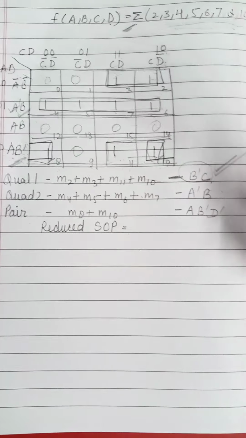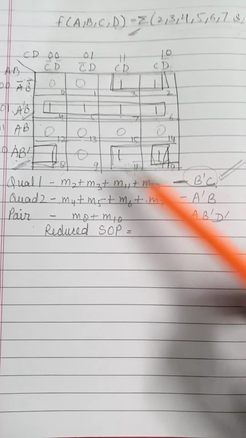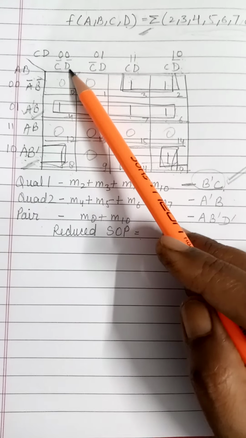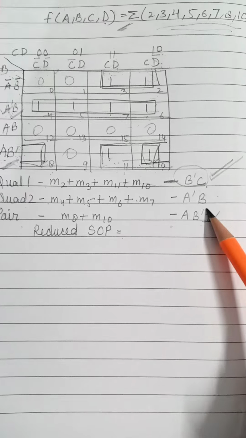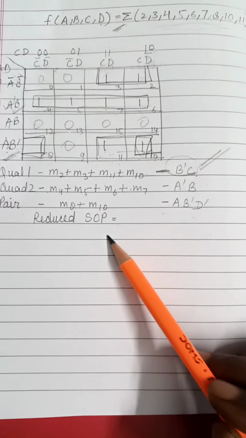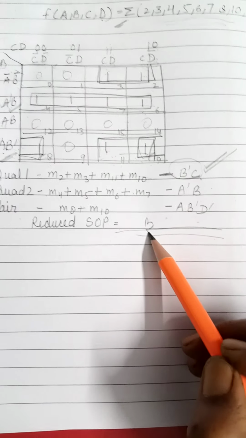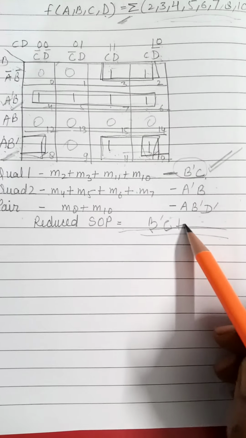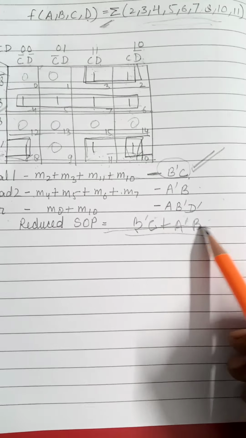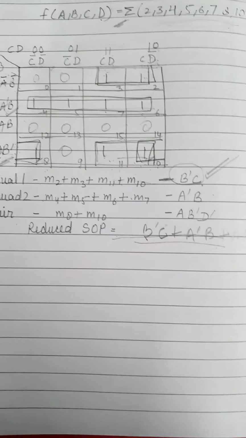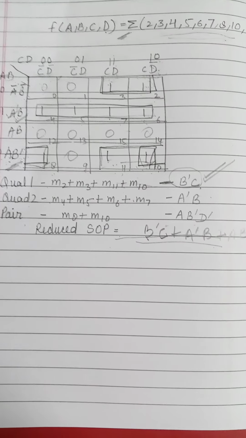So in the pair, you will be getting 3 variables, A, B bar, and the one which is not changing state, that is D bar. So A B bar D bar. Now write down the reduced SOP expression: B bar C plus A bar B plus A B bar D bar. Okay. Similarly, just do the second part of this question.